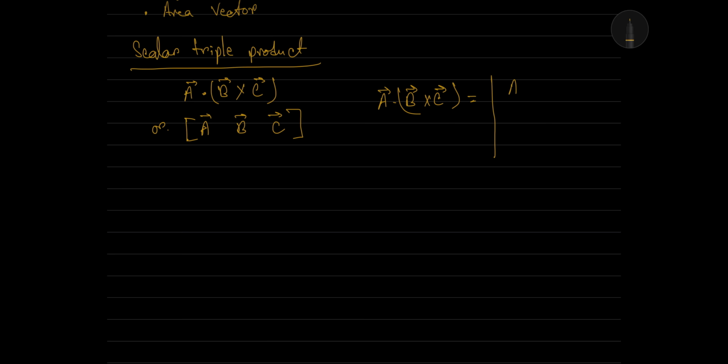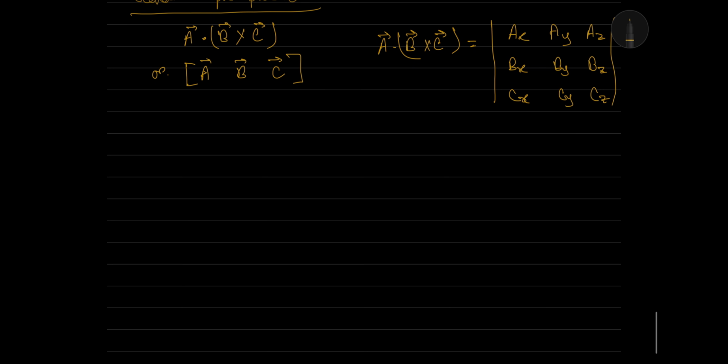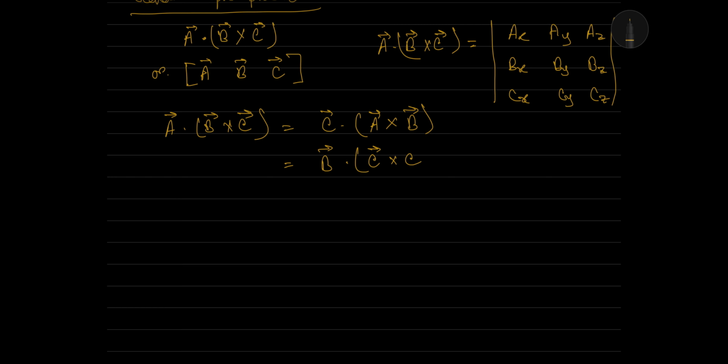The value will be the determinant of three vectors: ax, ay, az; bx, by, bz; and cx, cy, cz. Then A vector dot B vector cross C vector will be the same as C dot A cross B, which will be the same as B dot C cross A.